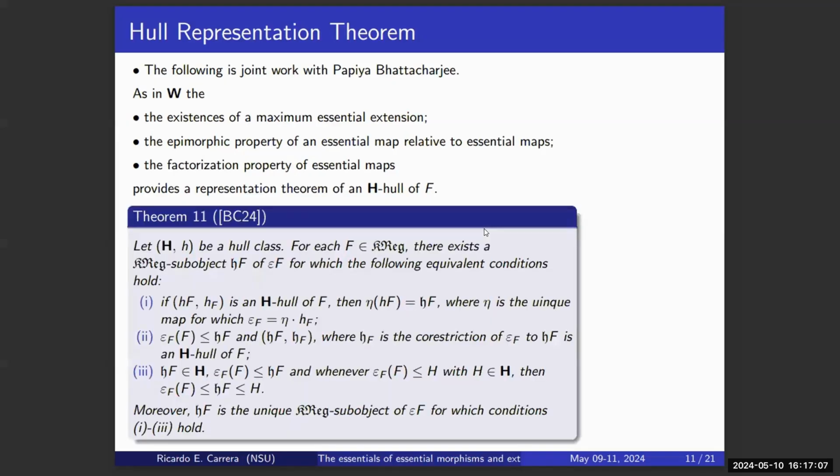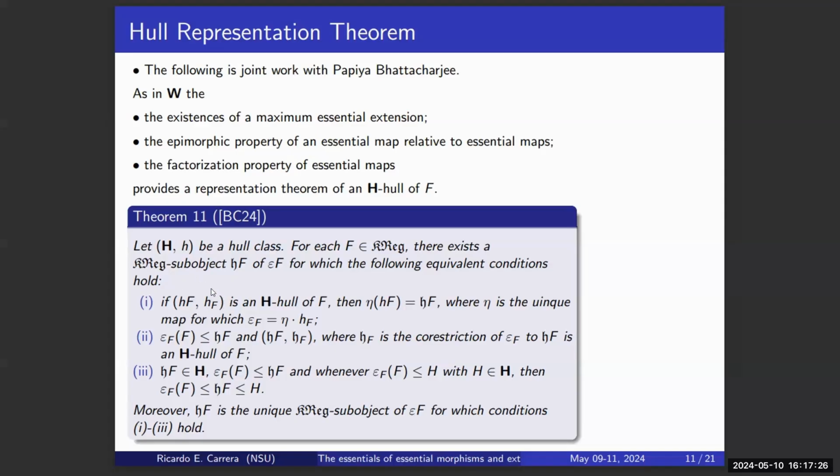It's basically this. Suppose that you have a Hall class, and this is in kReg. Suppose that you have a kReg Hall class, okay? Then for each F in kReg, there's going to exist a kReg subobject, I'm going to call it hF here, of EF, for which the following equivalent conditions hold.